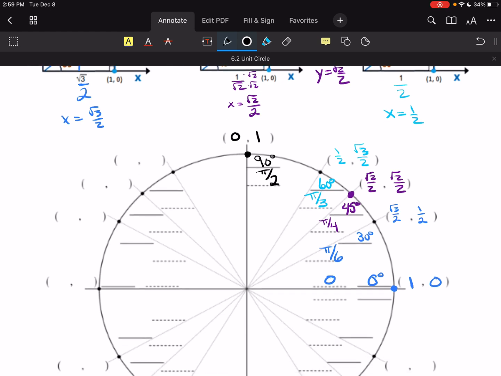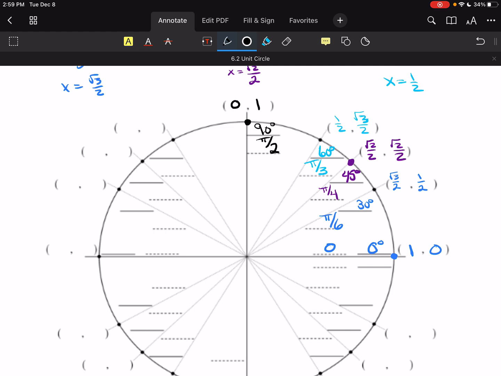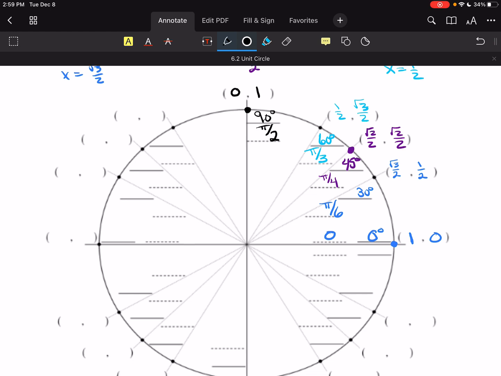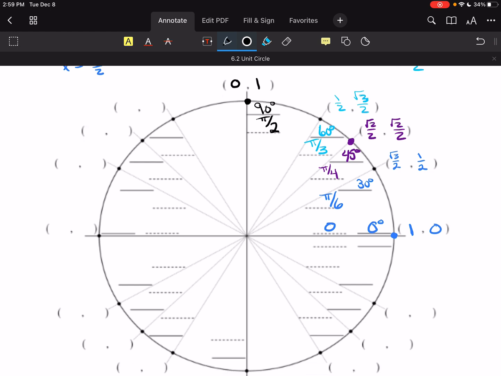So that's the first quadrant of the unit circle, and the first quadrant of the unit circle is the most important, because after this it kind of just repeats itself based on the reference angle, right? And the only difference is going to be whether it's positive or negative. And that's based on the quadrant you're in.